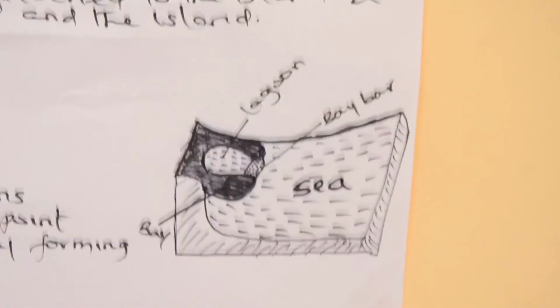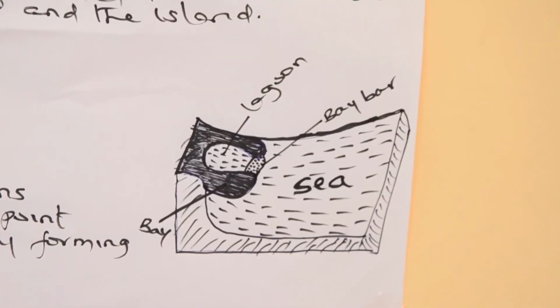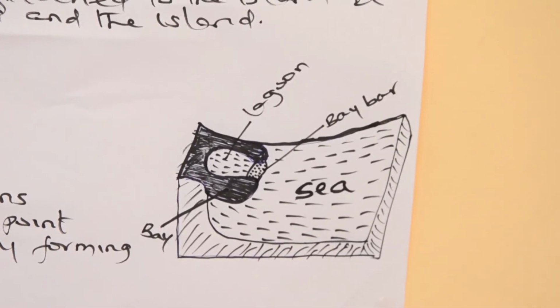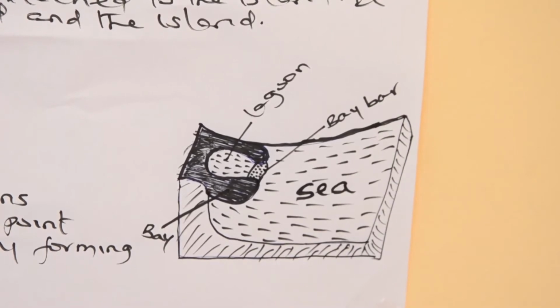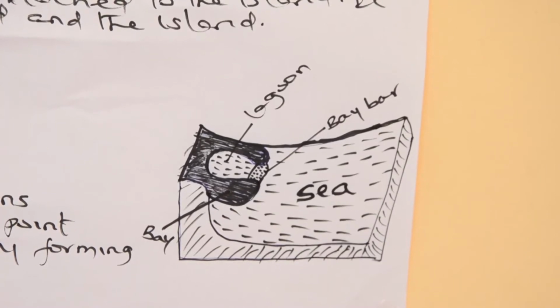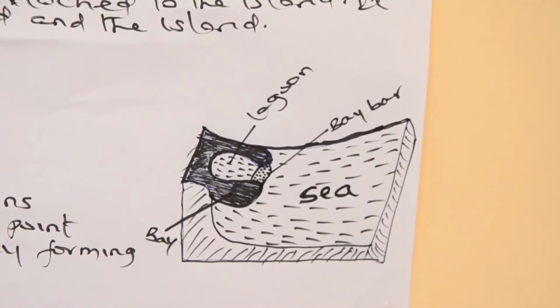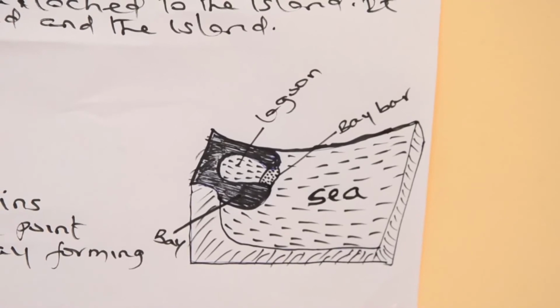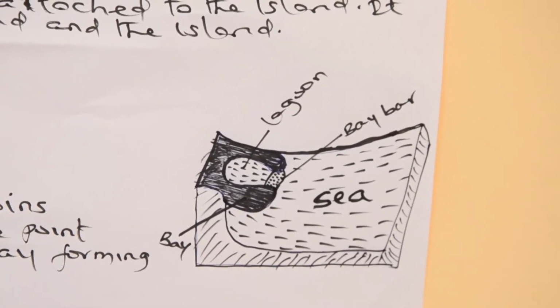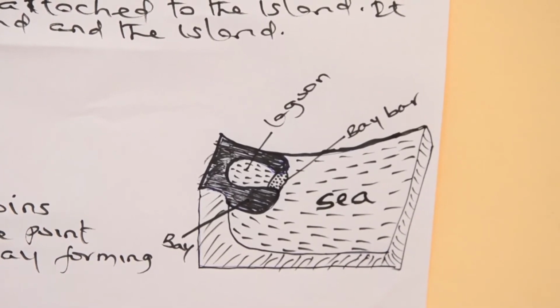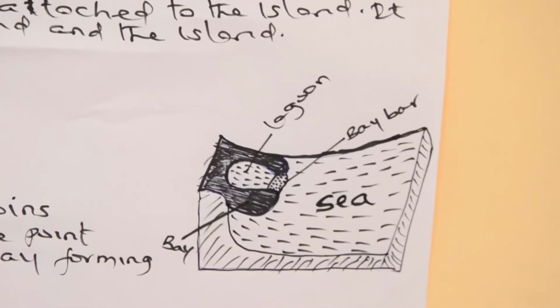Wherever the material joins and accumulates across the cave so as to prevent water from entering it and forms a lagoon, that is called the bay bar, because there are two things here: a bay, an erosive area, and a bar, a deposition feature, which can form a lagoon, like this structure.